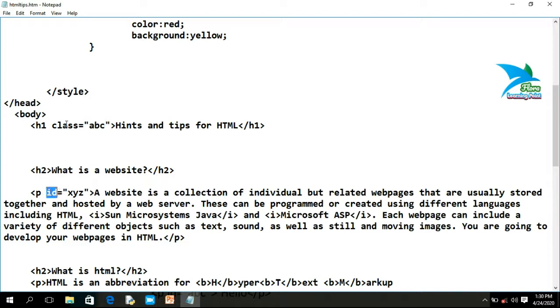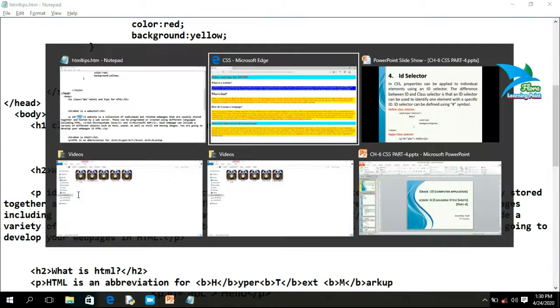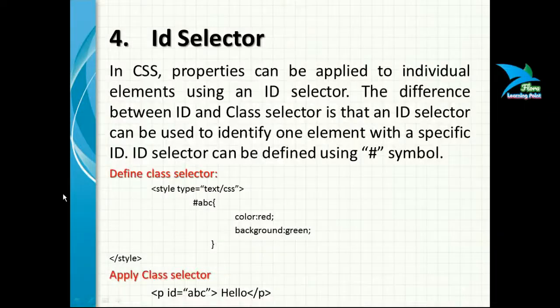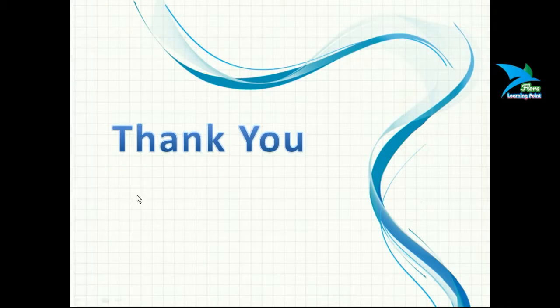In the case of id, you use the id keyword instead of class, and specify the name of that id. That's the difference between class and id selector practically and technically also. So that is all about all four types of selectors.